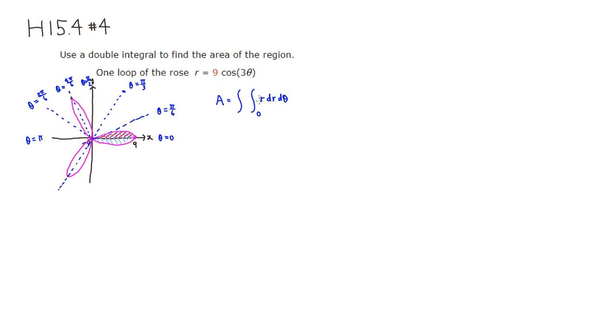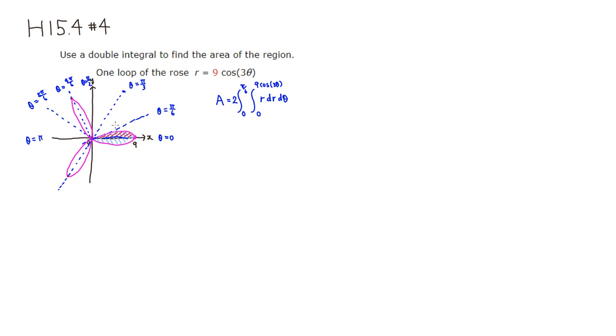So we have 0 to 9 cosine of 3 theta. All right, then the angle would be, in order to cover that, it actually starts from theta equals 0 to pi over 6. So it's going to be 0 to pi over 6. All right, since this only covers 1/2 of it, I'm going to multiply by 2 because I want to get the other half too.